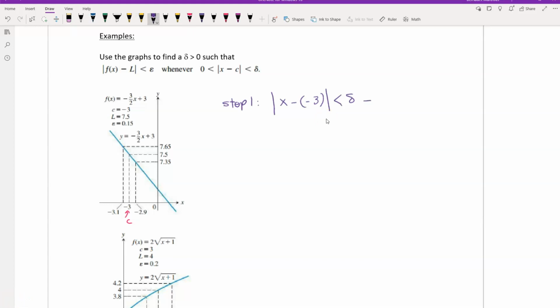So this implies, negative times negative is positive, so inside the absolute value we have x plus 3.